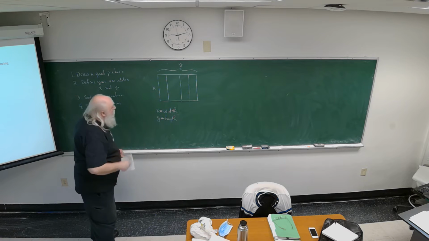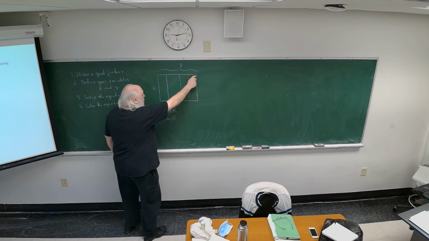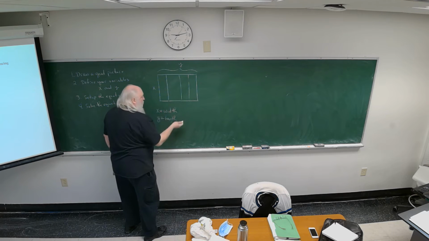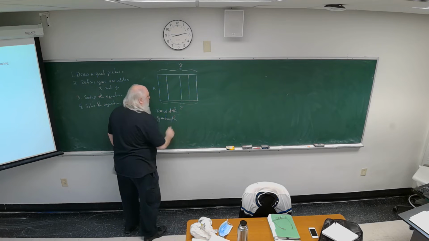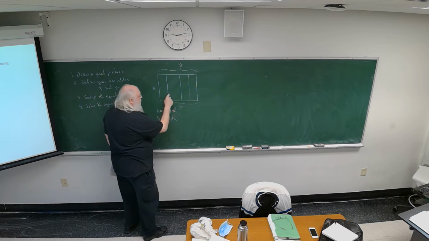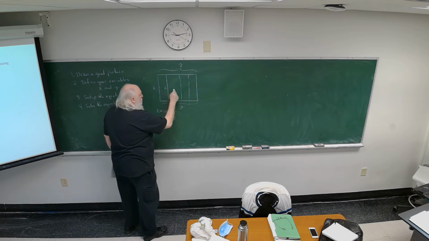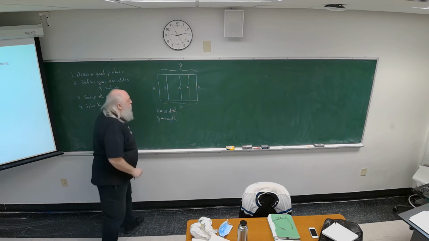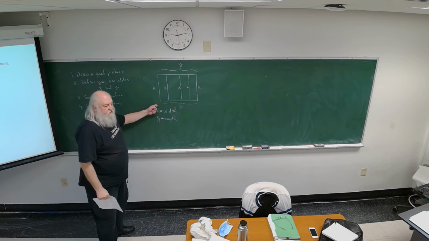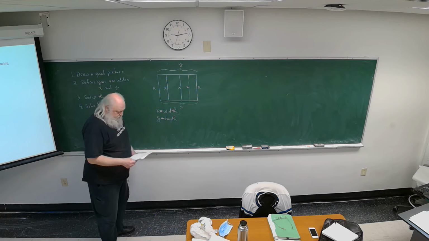Now, this side of the rectangular piece of land, divided into 4 pens, is length Y. This side, total length is Y. And then we've got 1, 2, 3, 4, 5 sections of fence that are all X feet long. So we've got 2 sections of fence Y feet long and 5 sections of fence X feet long.